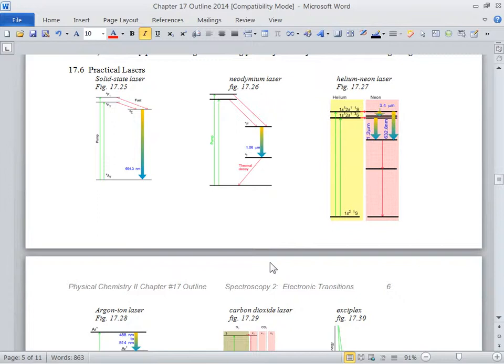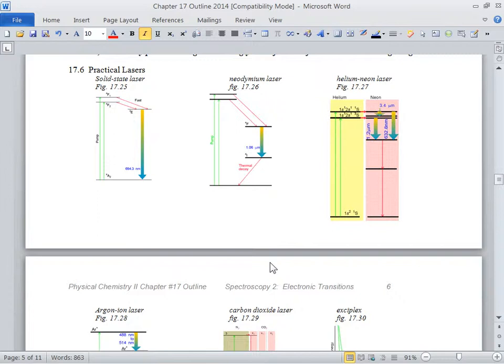Where? Here. What type of laser is this? What do you think? Versus what type of laser is that?